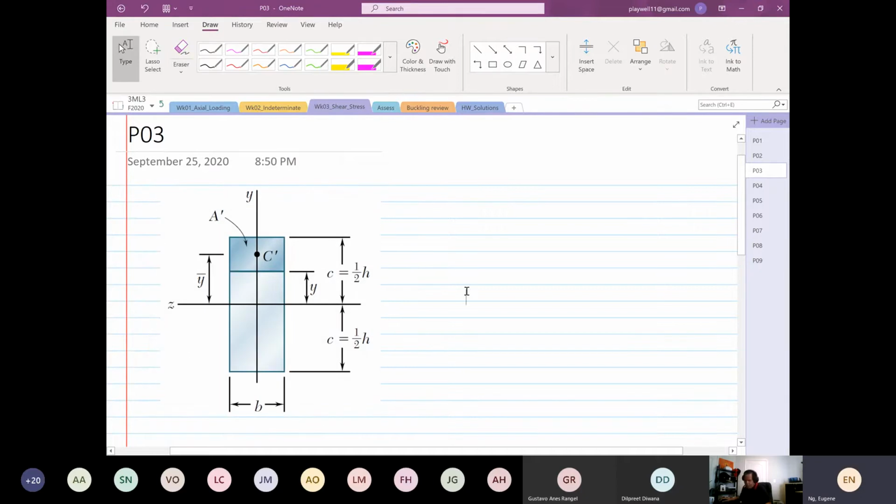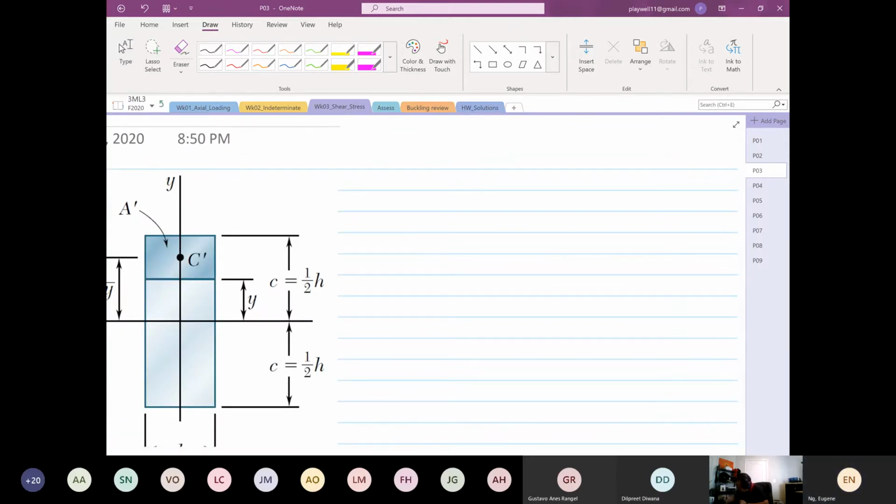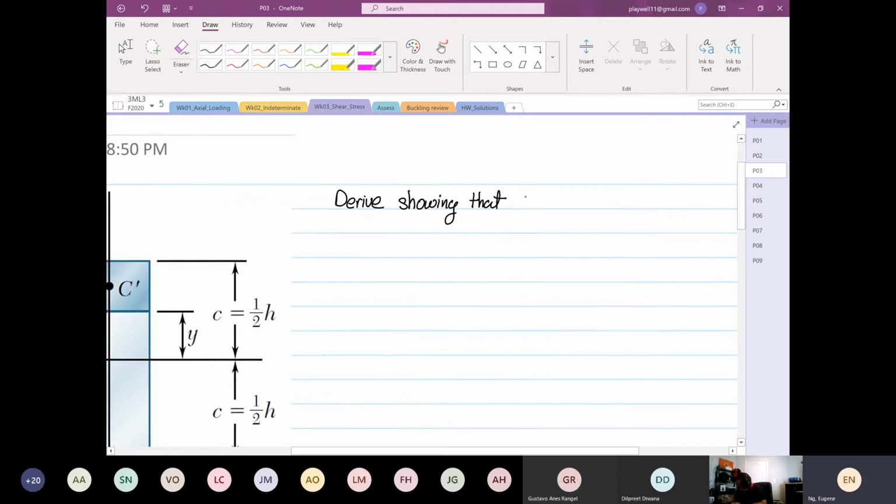Okay, so what we are going to do is we're going to derive, showing that the shear xy is going to shear yx, right?